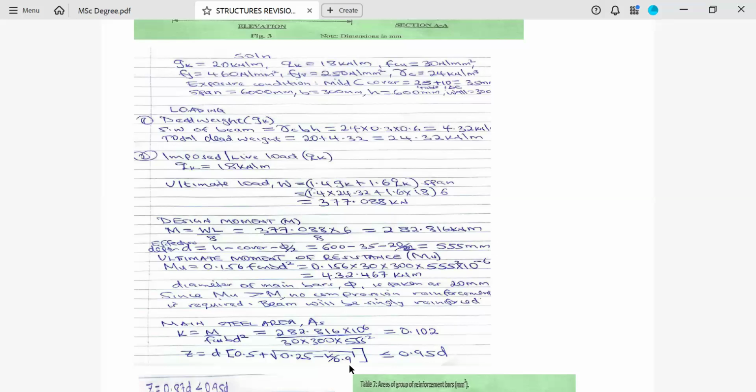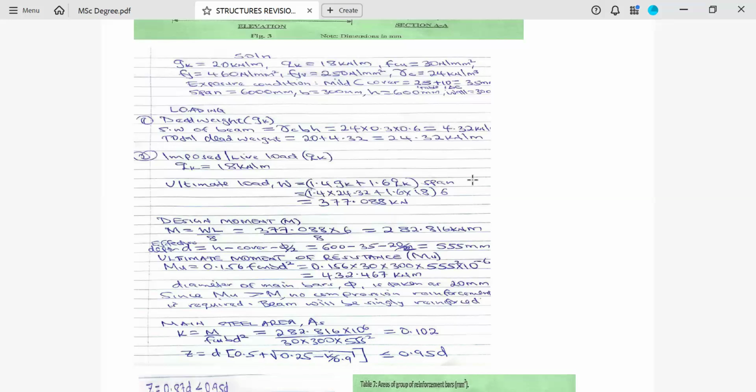Remember, when you have a rectangular beam section, the lower part is under tension and the upper part is under compression. But remember, there is no beam in practical life that has only bars in the bottom section. What do we do?